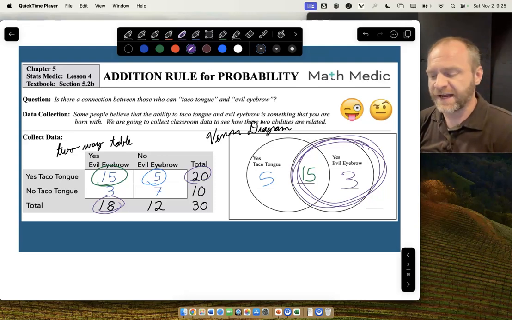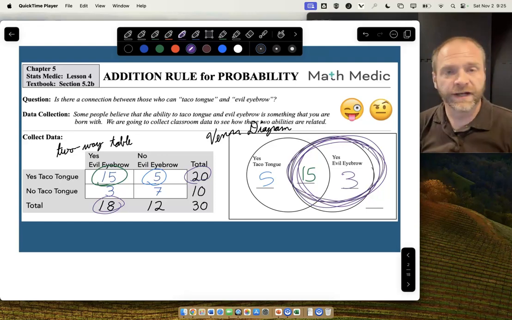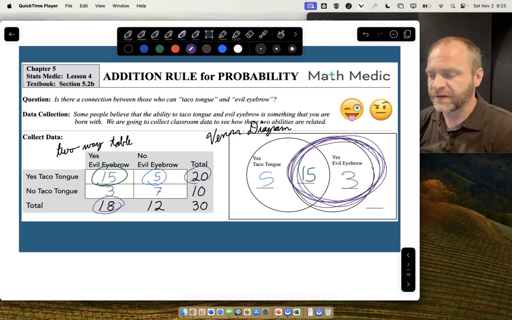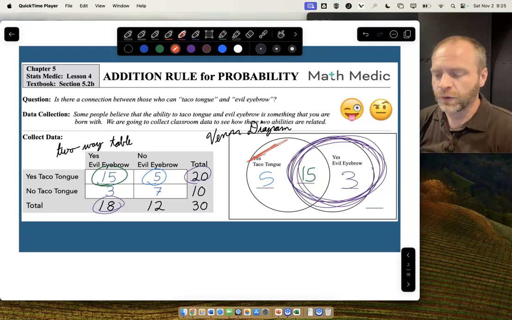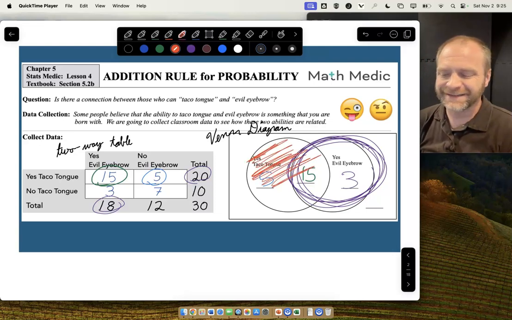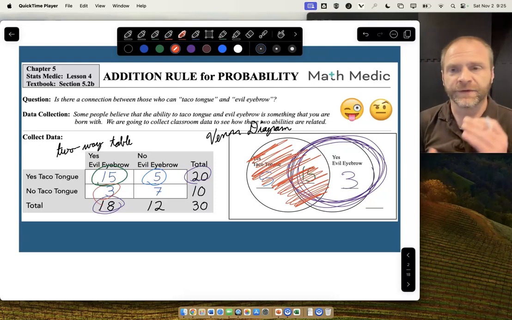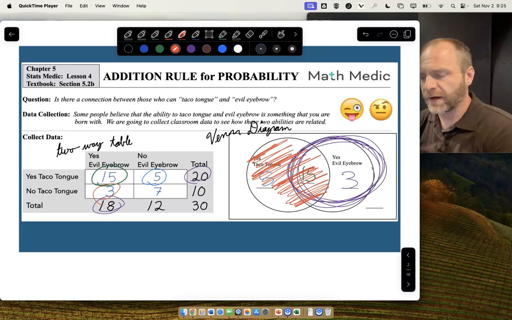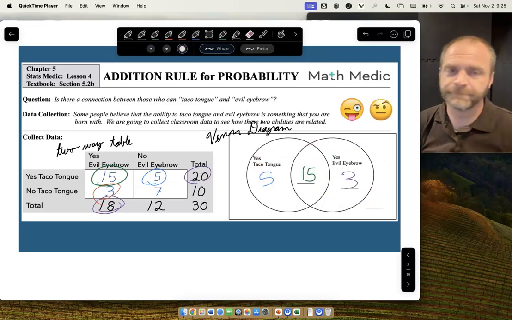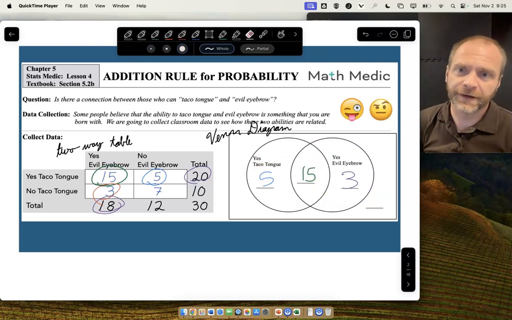There are 18 total people who can evil eyebrow, but only 3 who can evil eyebrow but can't taco tongue. We can see how that 3 relates inside of this table right here. Those are 3 people who can evil eyebrow but not taco tongue. So you may go, okay, that's everyone accounted for, but it's not. There are some people who have been left out.